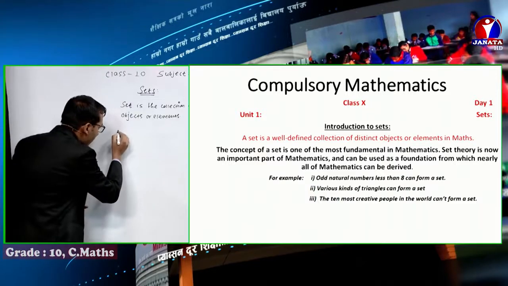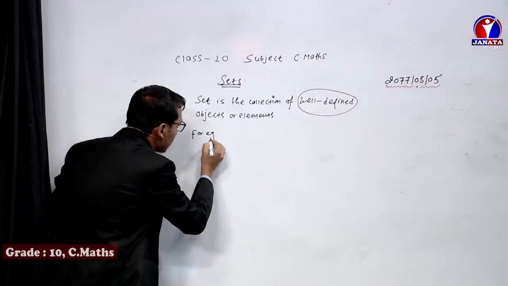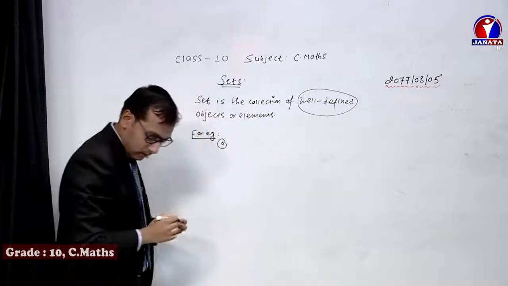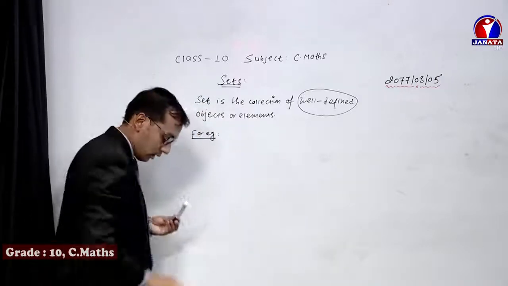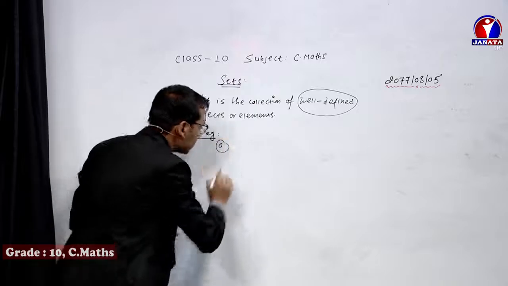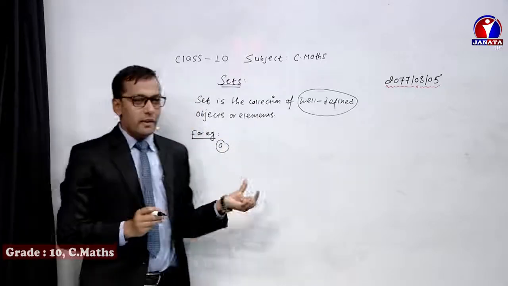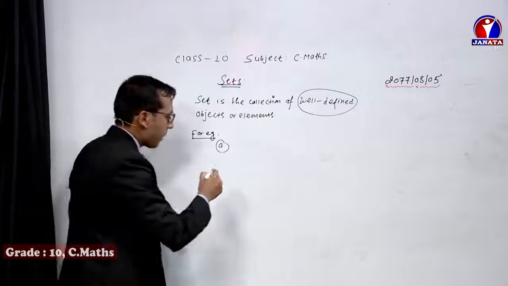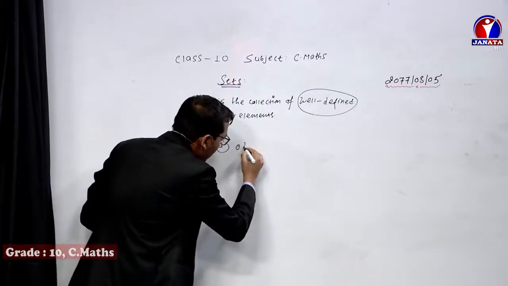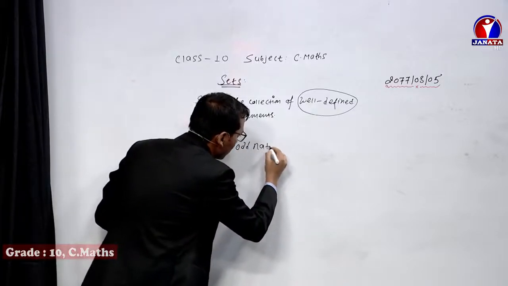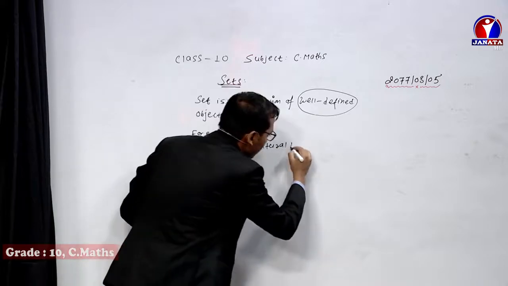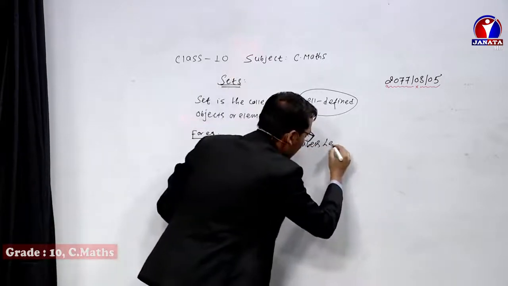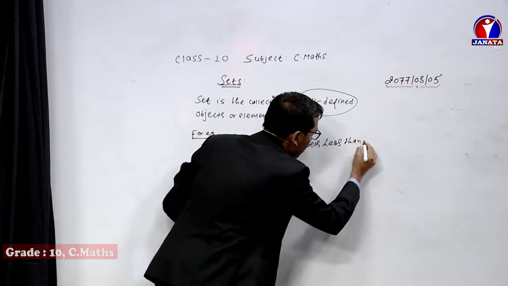Example number one. For example, we can take the first example of a set. If I talk about natural numbers, let me write: odd natural numbers less than 10.